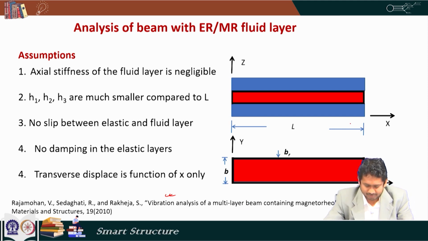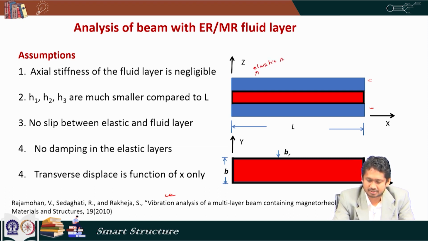So, here we have a beam, and this beam is a sandwich beam, sandwich in the sense that it has two layers at the two sides, top and bottom, and the mid layer is different from the top and bottom layer. So, it has three layers. The top layer is an elastic layer. Elastic means it is an elastic solid. The bottom is also an elastic solid.